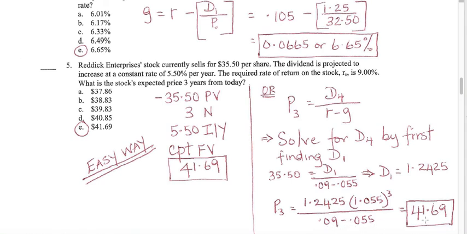And that gives you the same answer of $41.69. So, like I said, it is much quicker to do it the other way. However, you need to recognize that this would also be correct. A little more work, but it would also be correct.